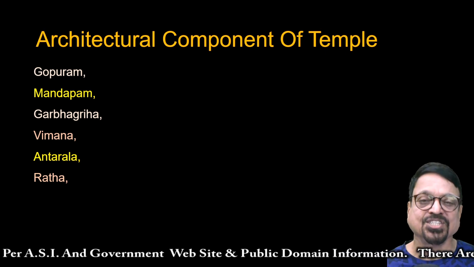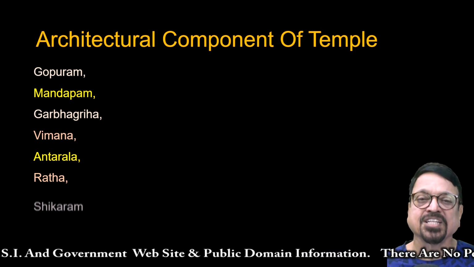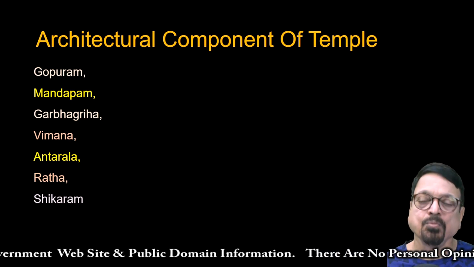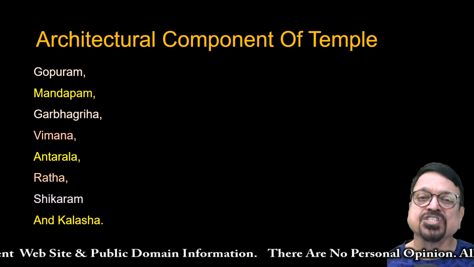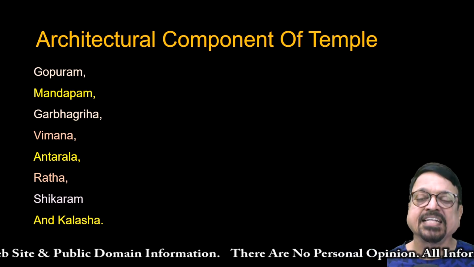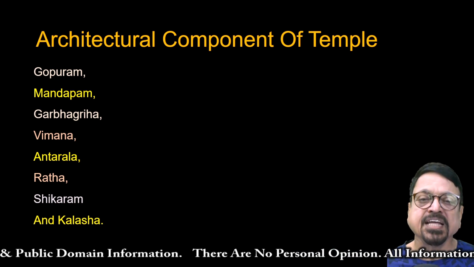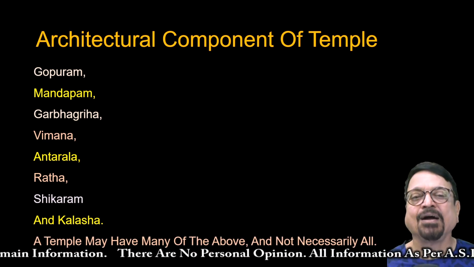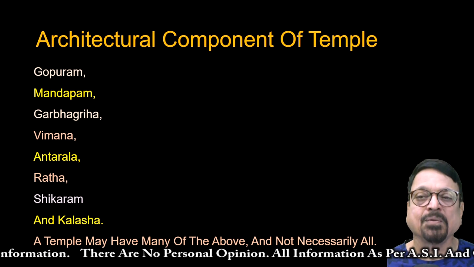Then there are different rathas. We are going to know what these rathas are, Pancharatha, Triratha, etc. Then Shikhara or Vimana, Gopuram are the structures above the temples. And there is also the Kalasha, which is on top of the Shikhara in North India, because they keep holy water in it, usually Ganga water.